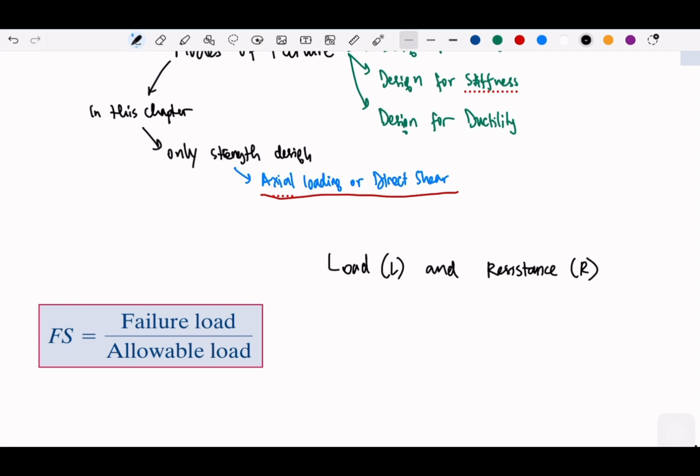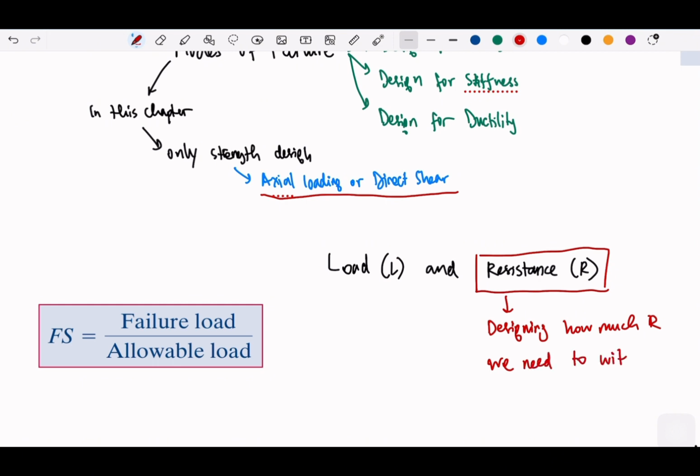If we want to design some structure from some materials, we need to design how much R we need to withhold the load, or L. It's not R as in electrical resistance, but R for resistance to loading.